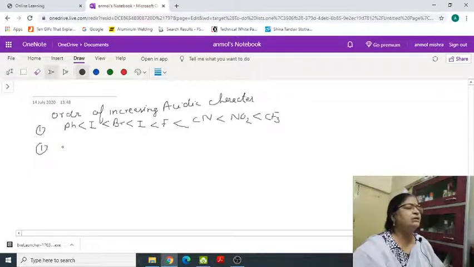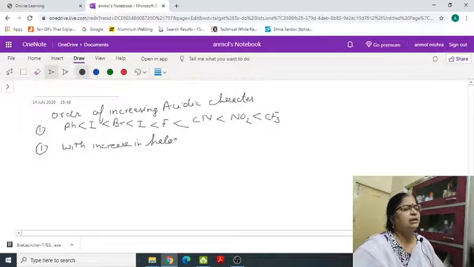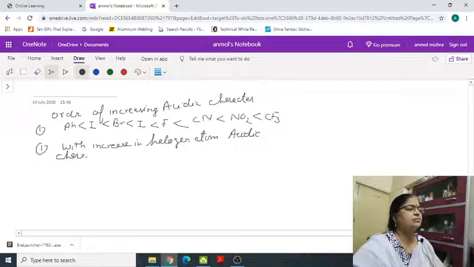Now, second point is, with increase in the number of halogen atoms, acidic character increases.